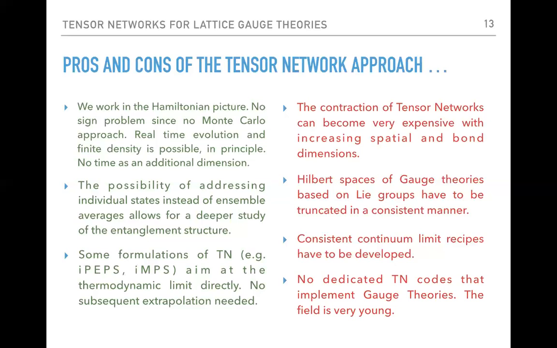And since the field is young, there are no dedicated tensor network codes that implement particular aspects of gauge theories. So you basically have to write your own code, and this can take some time and can be painful in general. Okay.